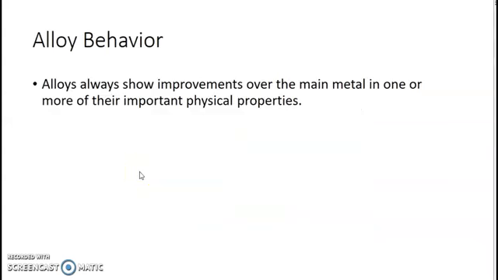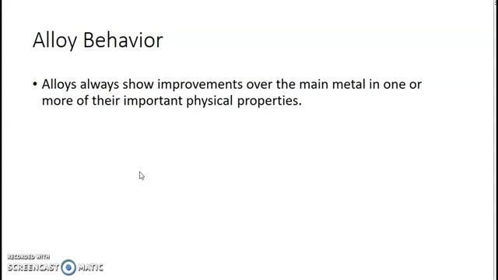Next we are going to see about alloy behavior. Why is alloying needed for the metal? The main purpose of alloying is to enhance the physical properties of the base metal. If you consider iron as a base metal, it is used in various building materials. If we add some alloying element to the iron, namely carbon, it changes into steel.